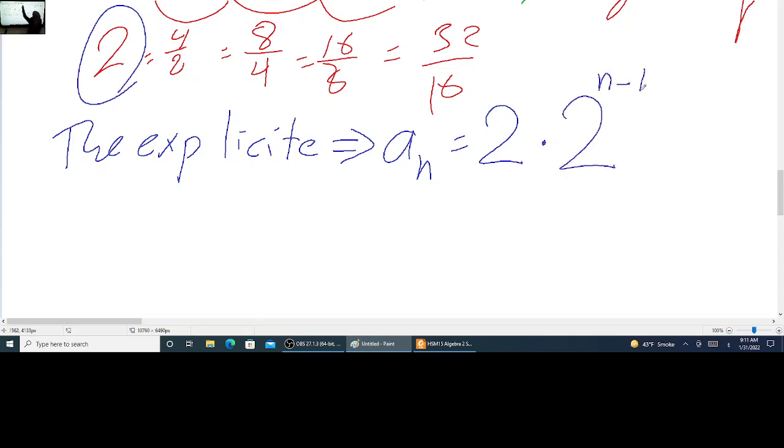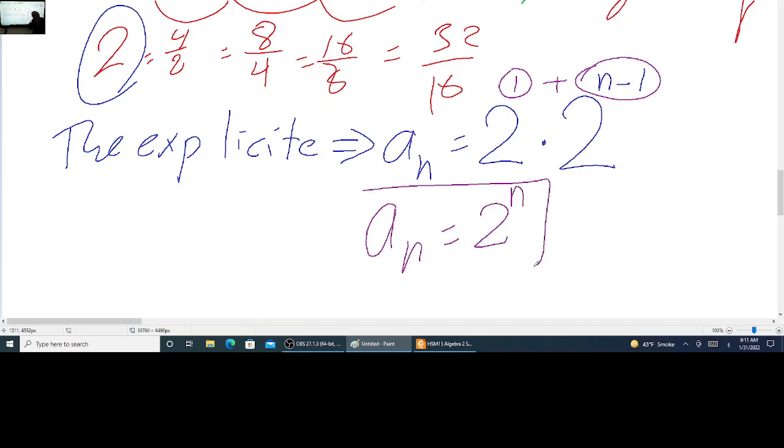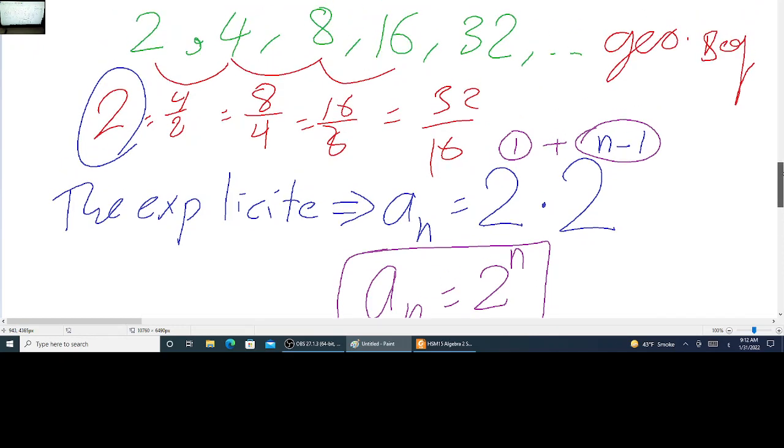Now, we know that when we multiply two numbers with the same base, we add the exponents, right? So here we have 1, and 1 plus n minus 1 is n, so 2 to the power n. The explicit formula for this sequence is 2 to the n.